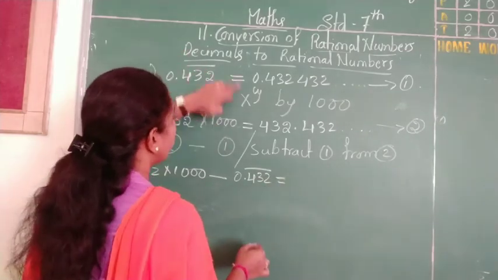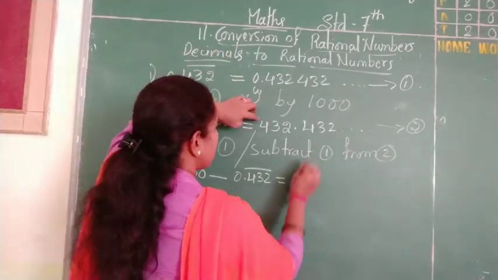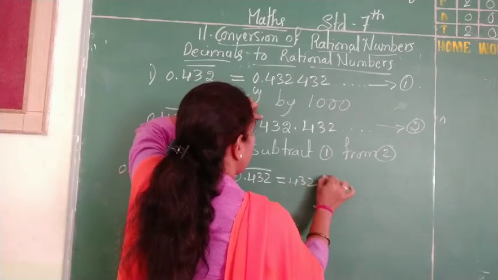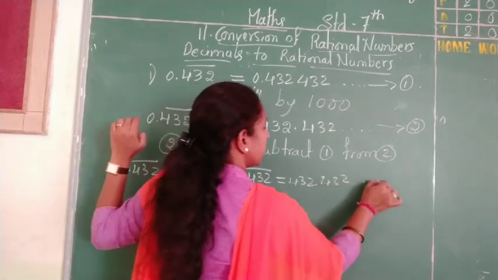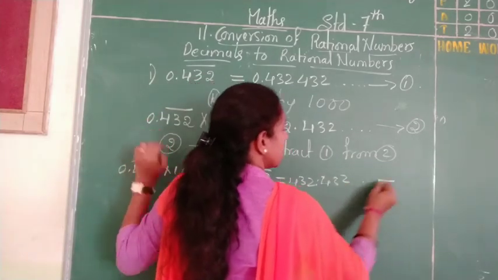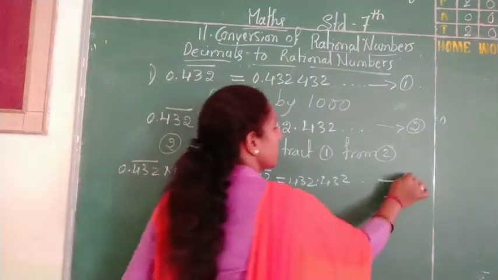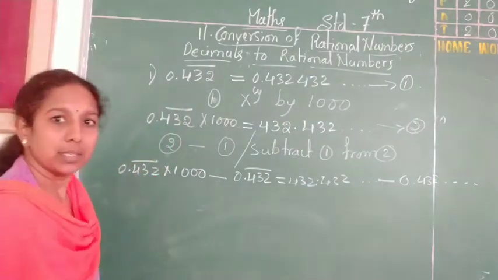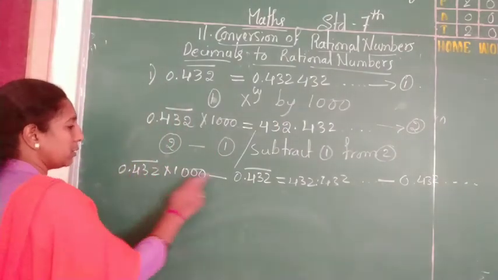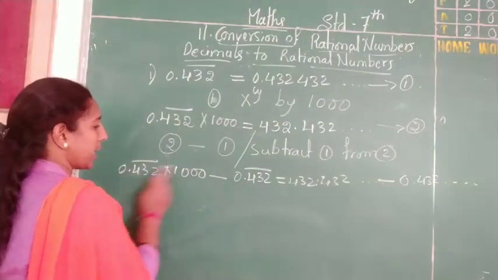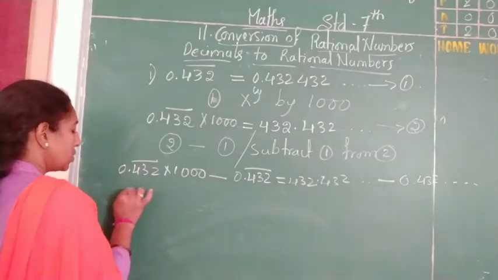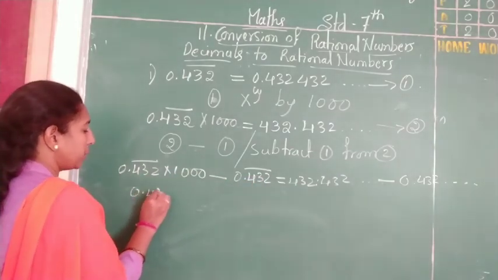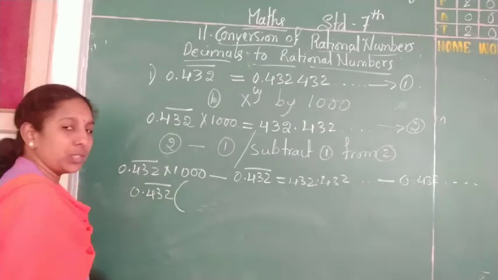Is equal to, now from equation 2 first I write 432.432 like this it will come, minus the first one, 0.432, like this it will come. Correct? Now if you see here, on both sides the same common part is there. So I will take 0.432 common out.